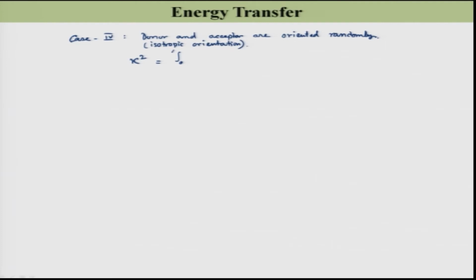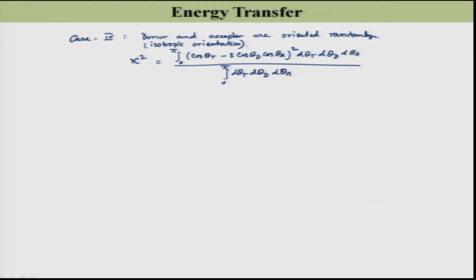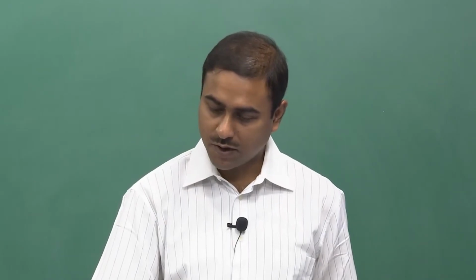So, I will integrate 0 to pi of (cosine theta T minus 3 cosine theta D cosine theta A) square d theta T d theta D d theta A, and normalize it with 0 to pi theta T theta D theta A. And if you know, the value of this integral is very simple, which comes out to be 2 by 3.